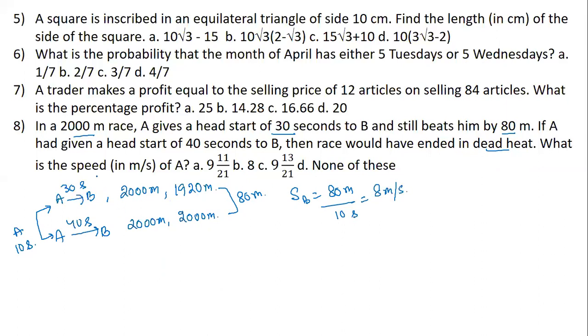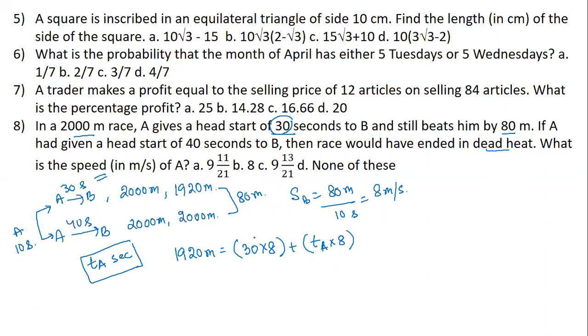Now we are asked to find the speed of A. Let me consider that the time taken by A is TA seconds. B covers 1920 meters in this format: for the first 30 seconds, he covers a distance equal to 30 into 8 meters per second, plus the rest, TA seconds, the time when A has started the race, into 8 meters per second.